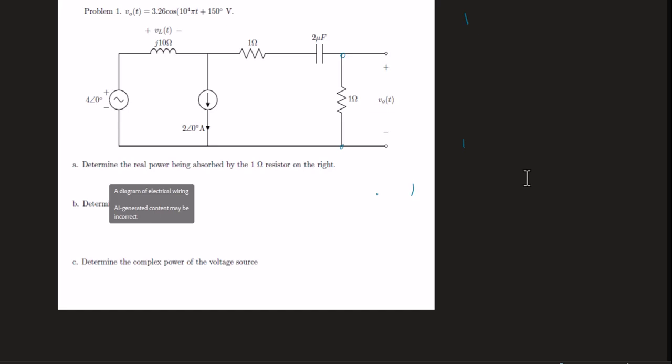So I want to find S equals 1/2 V I conjugate. So I would like to get the voltage right here. So I'm going to do my favorite, some nodal analysis.